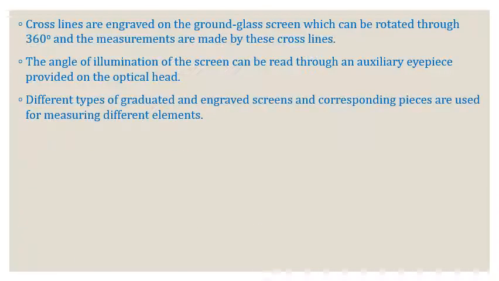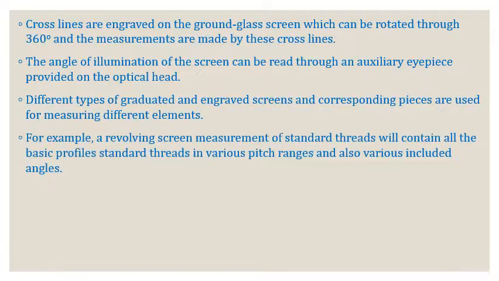Different types of graduated and engraved screens and corresponding eyepieces are used for measuring different elements. For example, a revolving screen for measurement of standard threads will contain all the basic profiles, standard threads in various pitch ranges, and also various included angles.